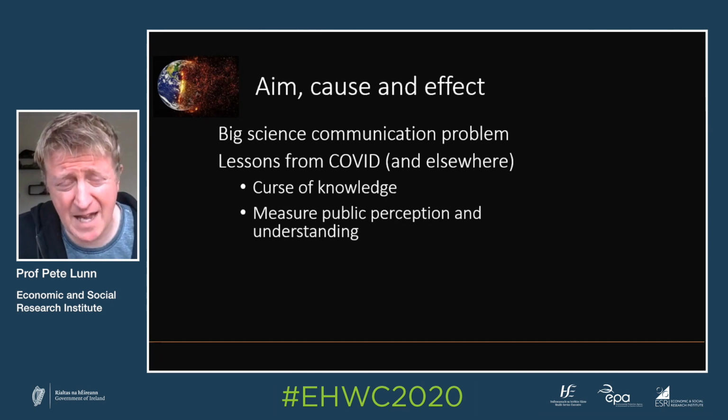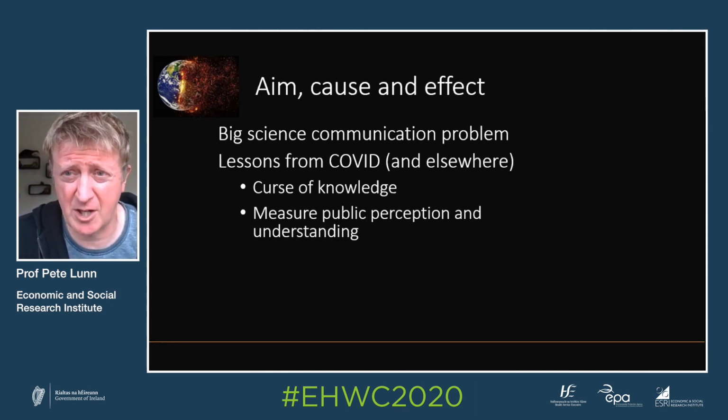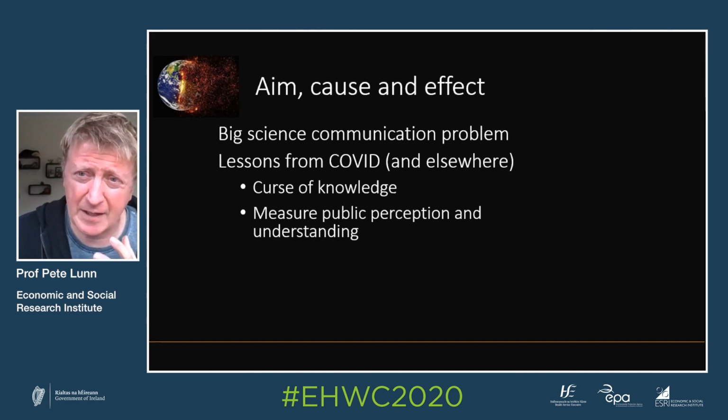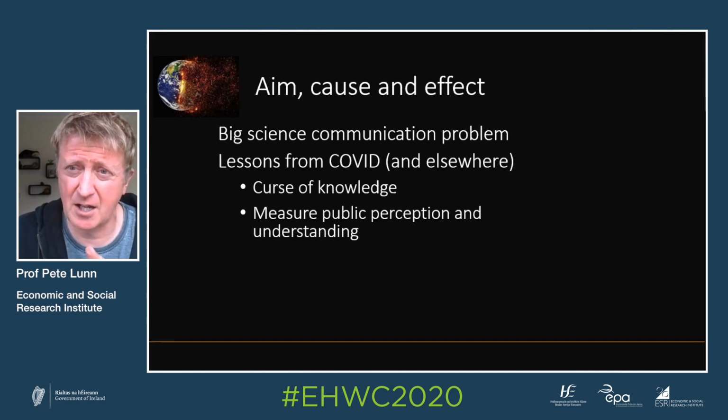That means we need to measure public perception and understanding. And I think that's been quite well understood throughout COVID. And indeed, my lab has done quite a lot of work in that space. I don't think we're anything like as far down the road with things like AMR and climate change of genuinely understanding how much the public understands of these things, how much the public understands of the cause and effect that's involved, and also particular groups such as patients, doctors, farmers, vets who are involved and have key roles in something like antimicrobial resistance.